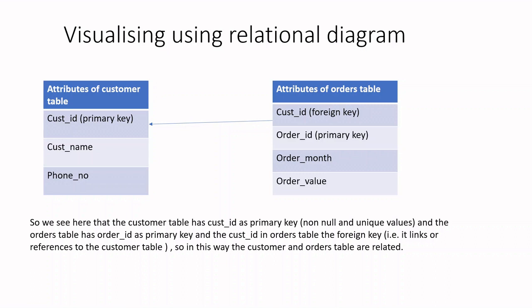And we see that the customer ID of the order table links the order table and the customer table using the customer ID of the customers table. With the help of this relational diagram, which we call in short the entity relationship diagram, we can easily understand the entire relationship between tables in SQL.